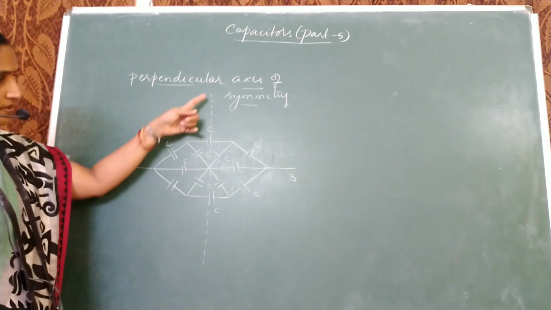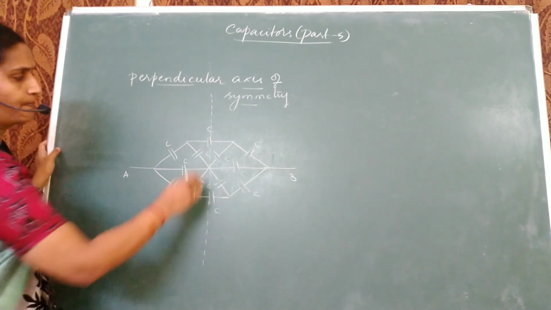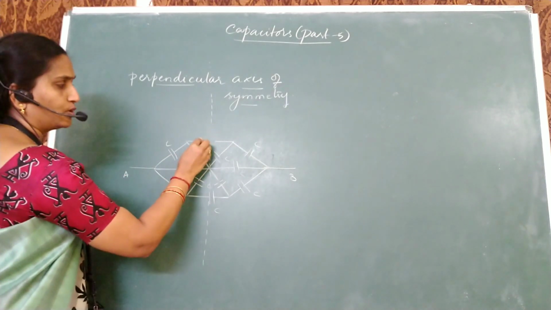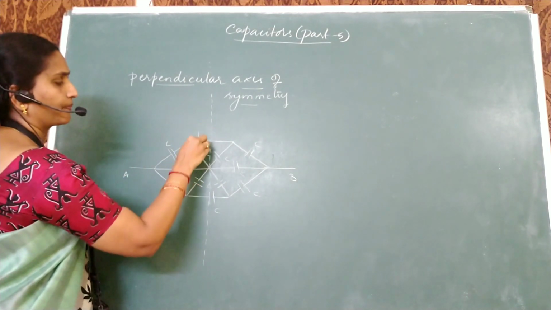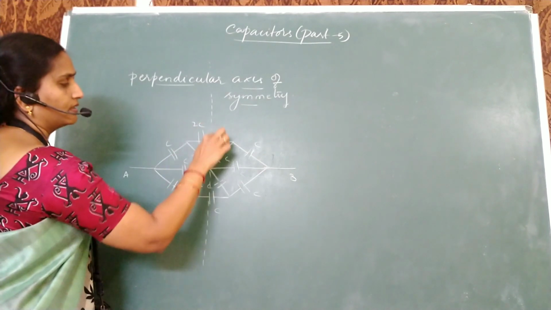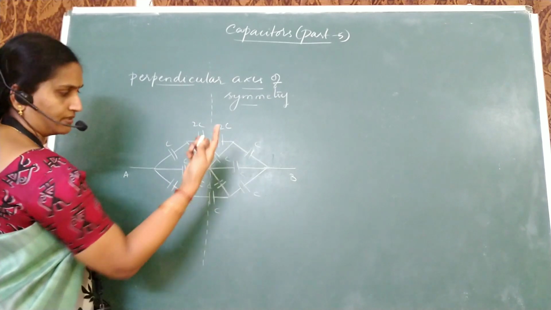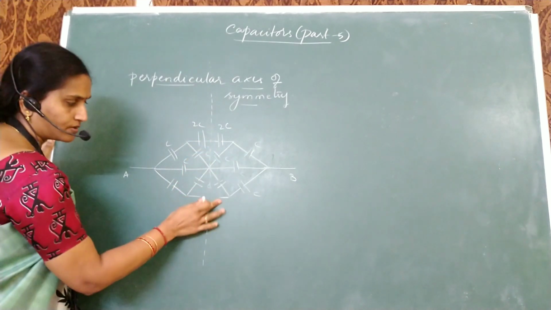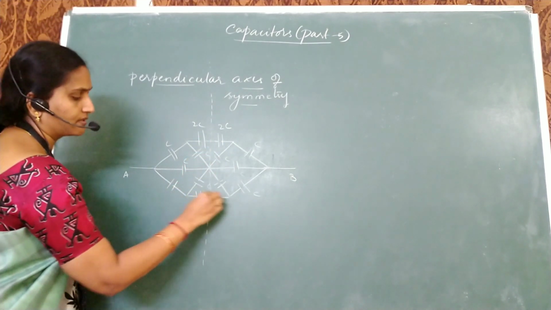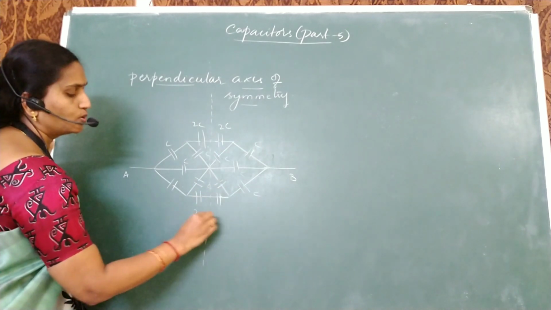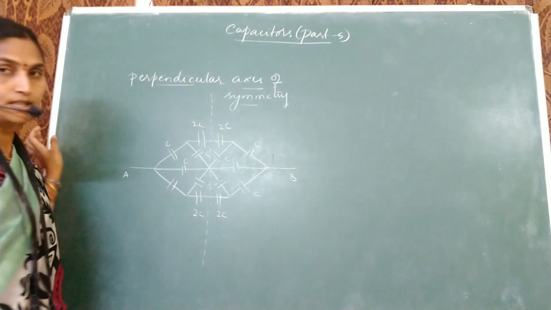But while doing it, it is passing through the capacitor. So I will divide this capacitor into two parts, 2C and 2C. We know 2C and 2C in series will give you the same answer, that is C. So I am replacing this C as 2C and 2C.